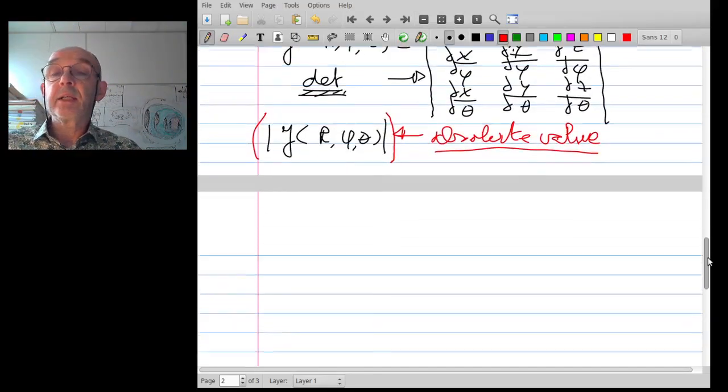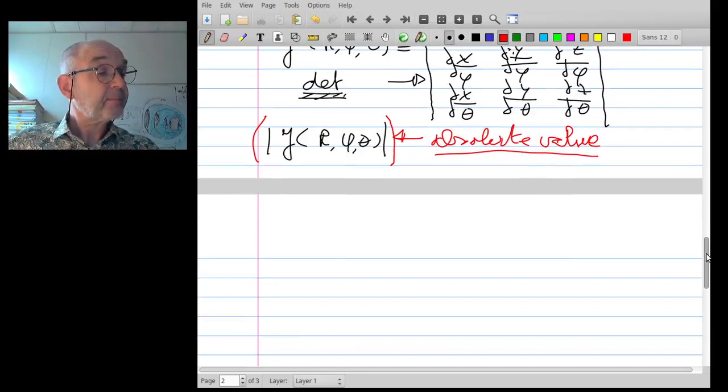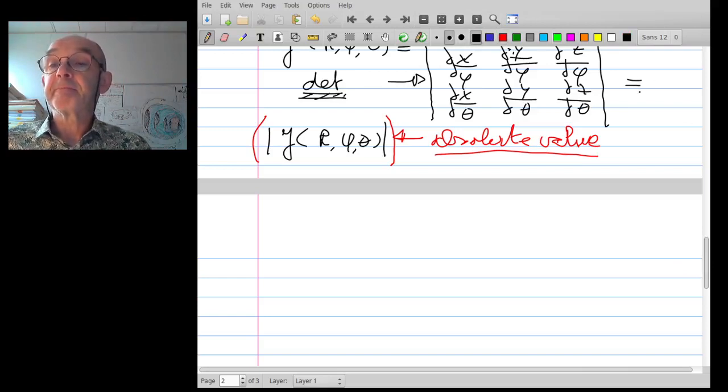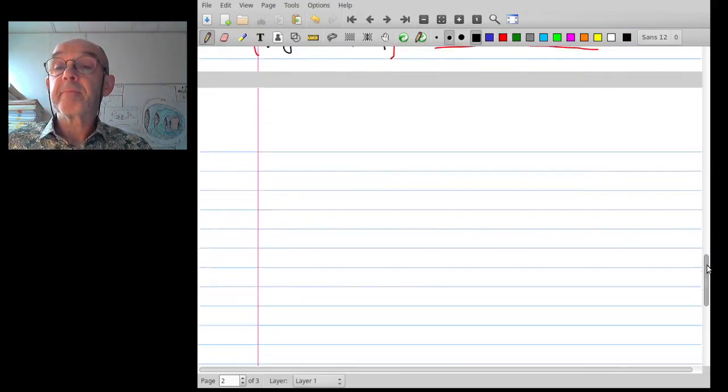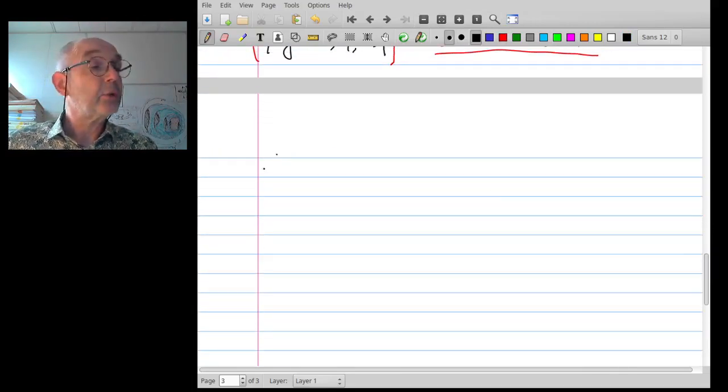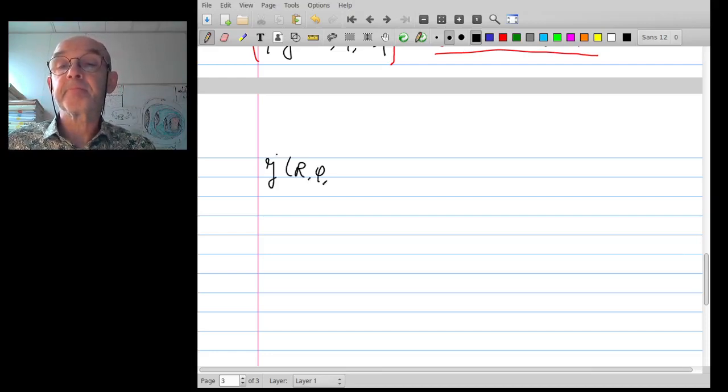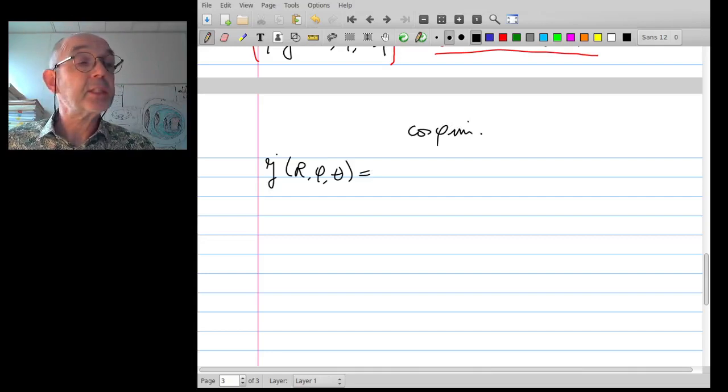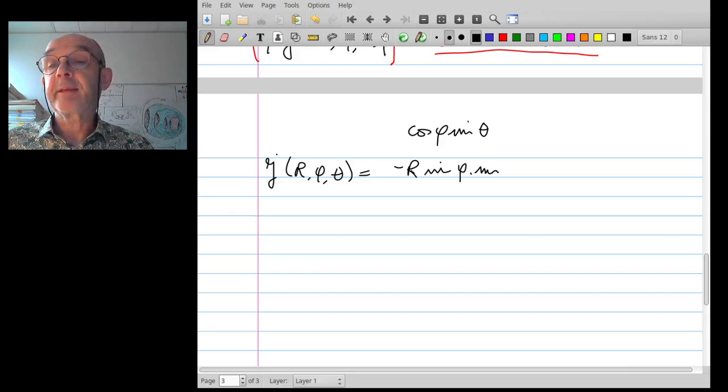Now, if you do that, what do you get? I mean with the Jacobian, you get cosine phi sine theta, minus r times the sine of phi times the sine of theta, and you have r times the cosine phi cosine theta.